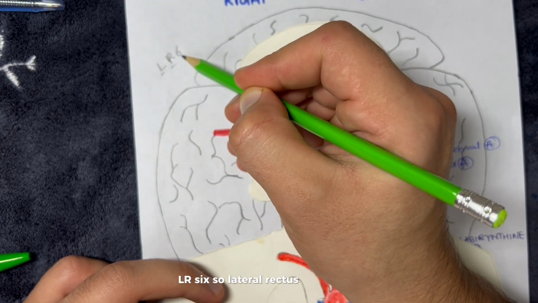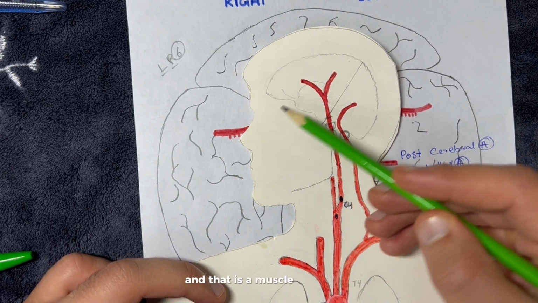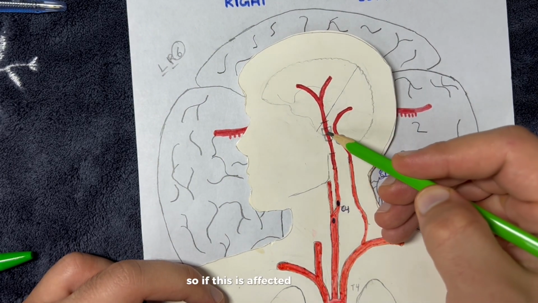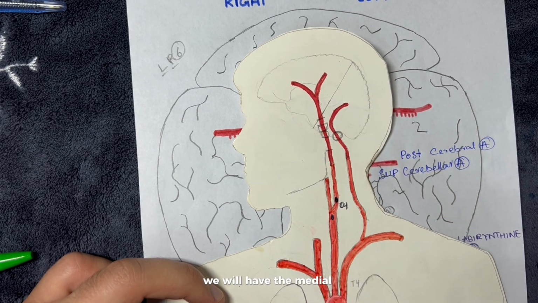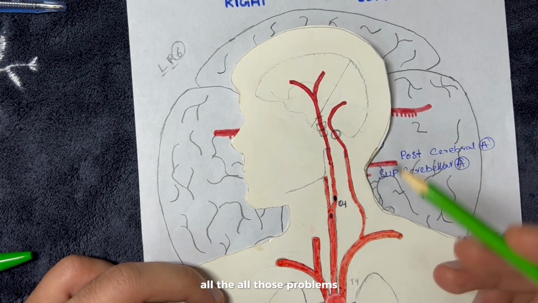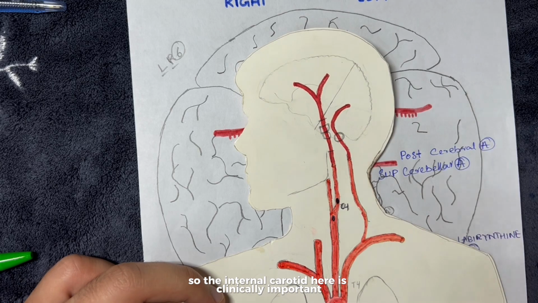So the lateral rectus, a muscle of the eye, is supplied by the 6th cranial nerve. Okay, so if this is affected, we will have eye problems, medial strabismus, and diplopia. So the internal carotid artery here is clinically important.